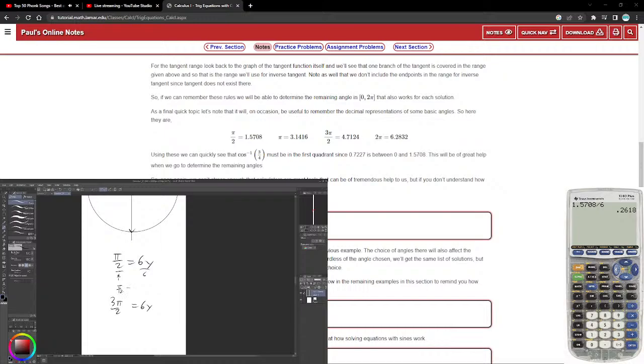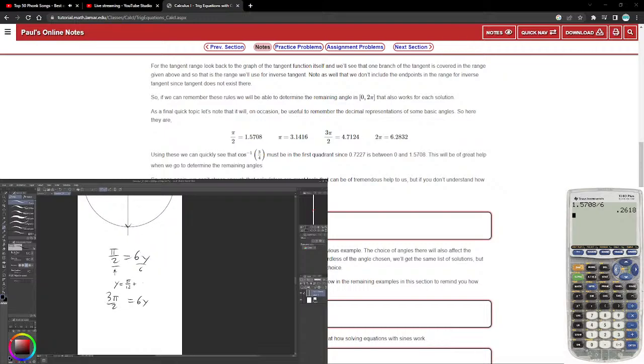Pi over 12 equals y. Oh wait, rewrite that. Y equals pi over 12 plus pi n over 3. Is that it? Wait, divided by 6. Yeah, I think it is.